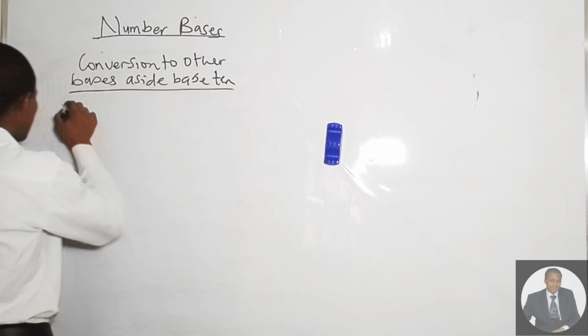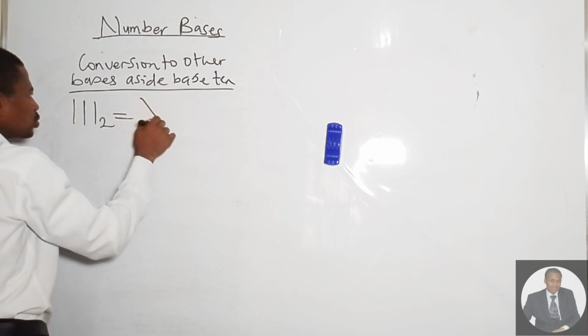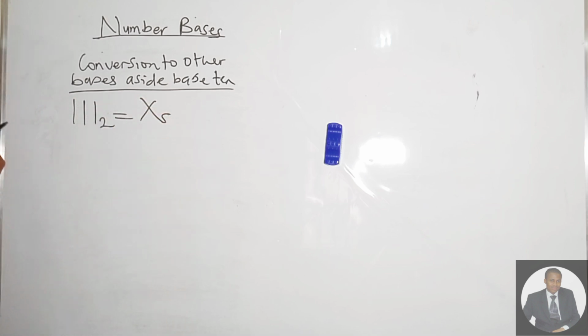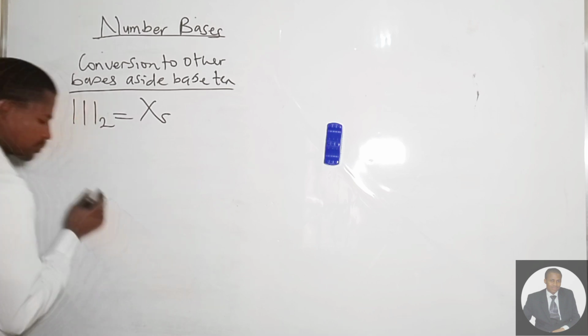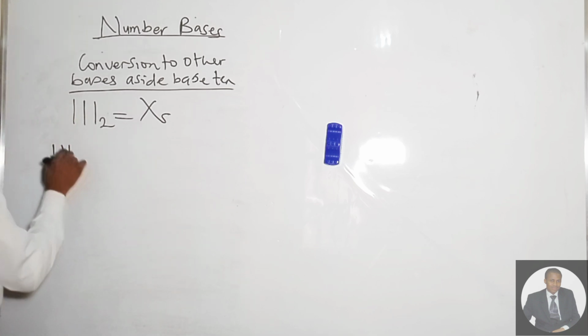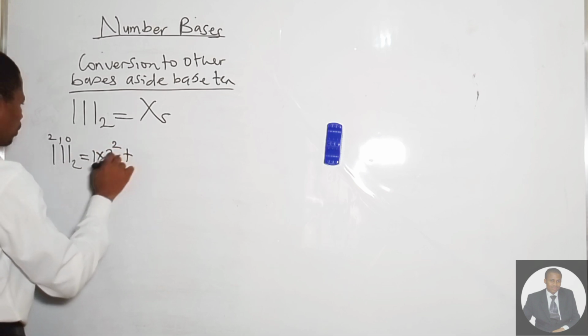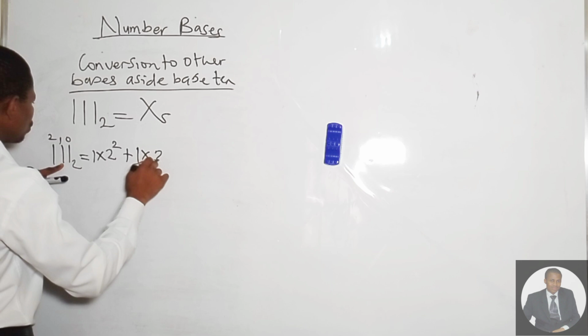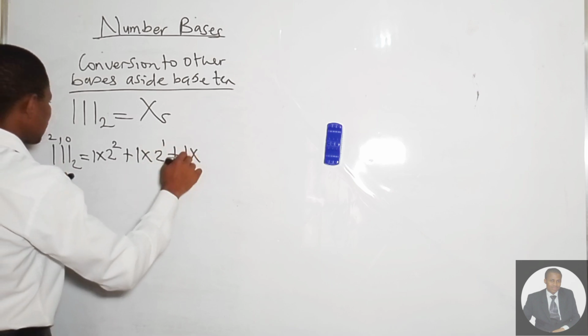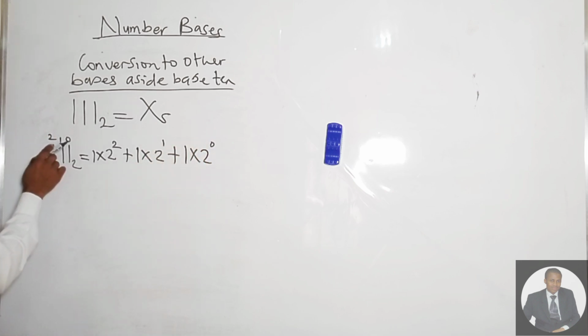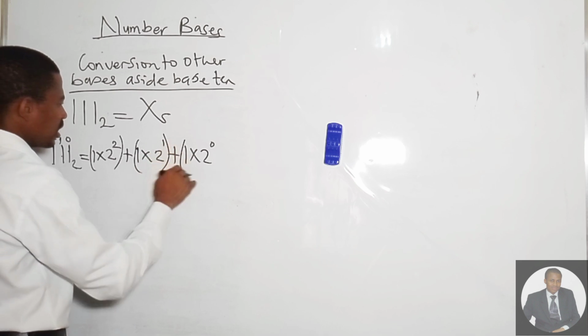So if we have something like 111 base 2 to something base 5, what we first do is convert it to base 10. 111 base 2, with 0, 1, 2 as the index, will be 1 times 2 to the power 2 plus 1 times 2 to the power 1 plus 1 times 2 to the power 0.